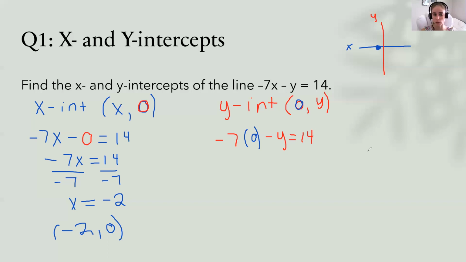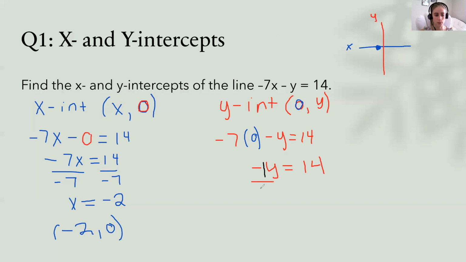Let's simplify and solve. I need to do that multiplication. Negative 7 times 0 is 0. We're left with negative y equals 14. What is that negative y really? It's really a negative 1.